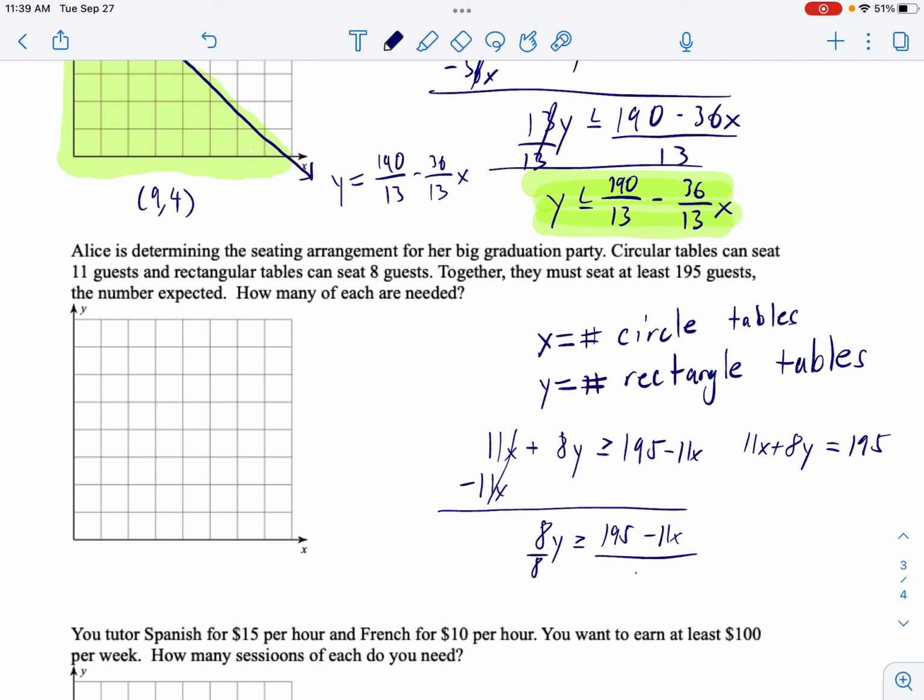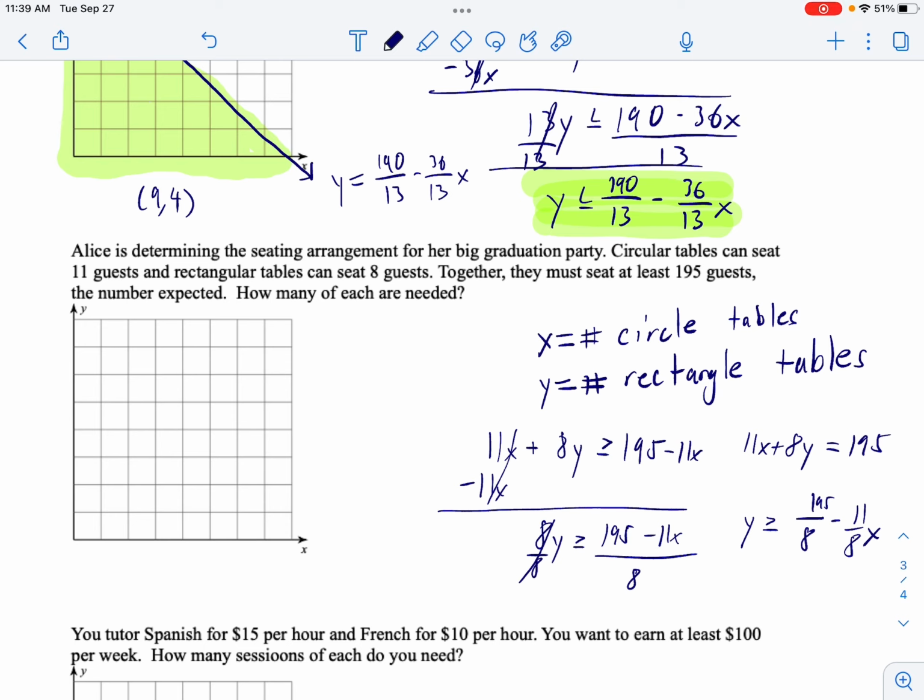Divide by 8. All right, we get y is greater than or equal to 195 over 8 minus 11 over 8x. Does that simplify at all? I don't think it does. Graph it just as if it were the line y equals 195 over 8 minus 11 over 8x.